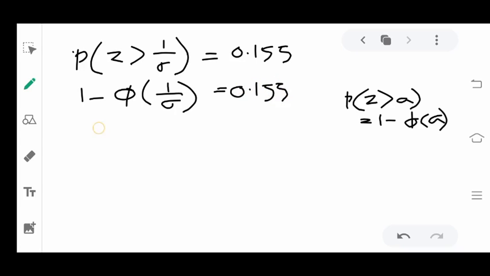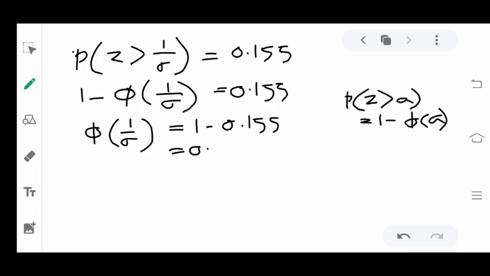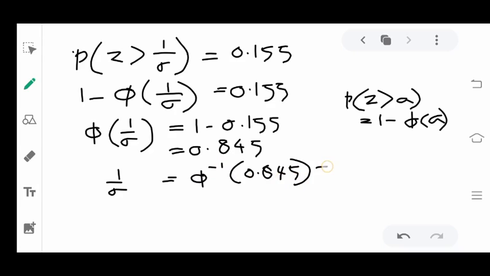Or phi of 1 by sigma is equal to 1 minus 0.155, which is 0.845. So 1 by sigma is equal to phi inverse of 0.845, and phi inverse of 0.845 is 1.015.